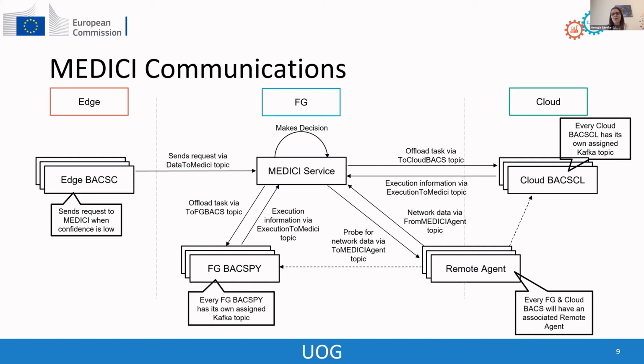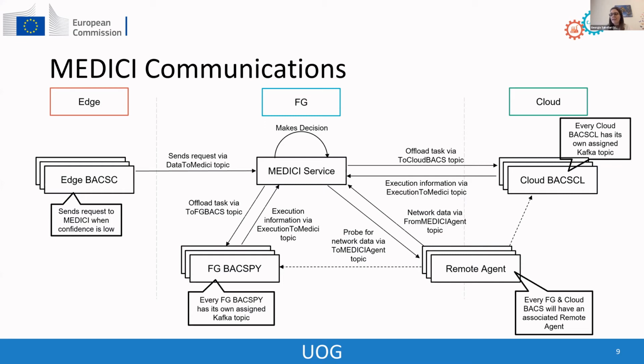So if the BACS anomaly detection says that I'm not really sure whether this is an anomaly or not because my confidence level is low, then MEDICI will get a request, and we will then decide whether to offload this to a model in the field gateway or to a model in the cloud. And here we just see the different topics of the Kafka service.